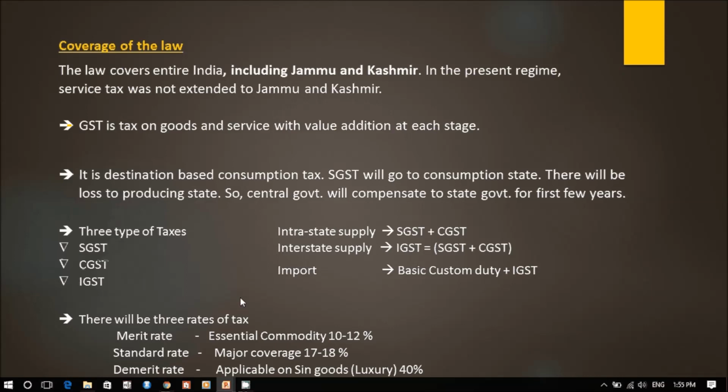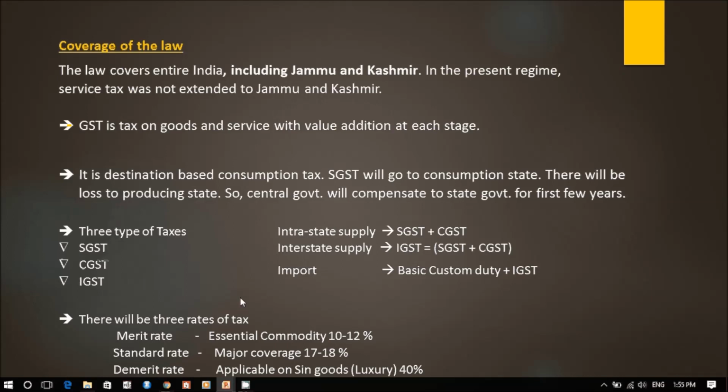Now there are three types of taxes: SGST, CGST, and IGST. When we sell intrastate, meaning within the state, then SGST and CGST would be levied. SGST denotes state GST and CGST denotes central GST.